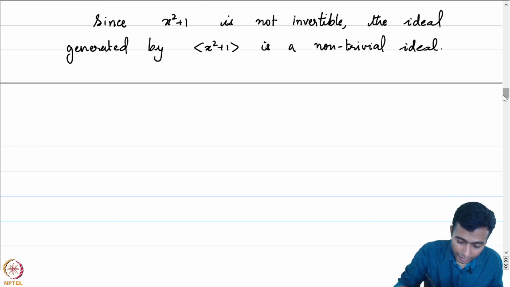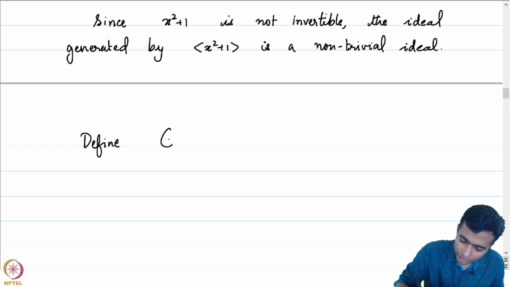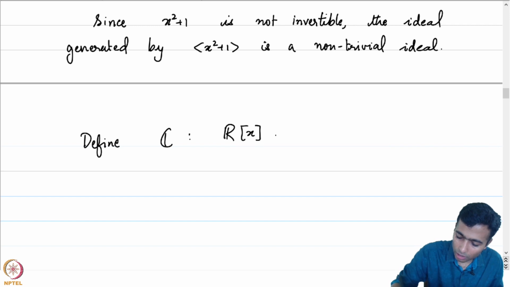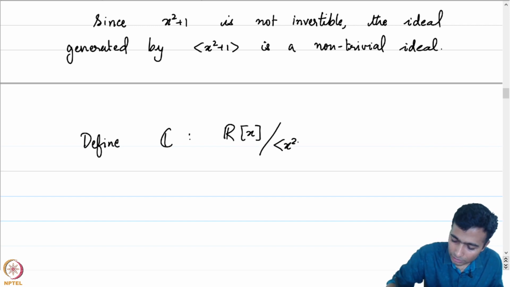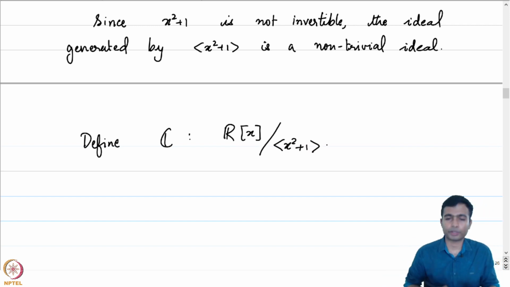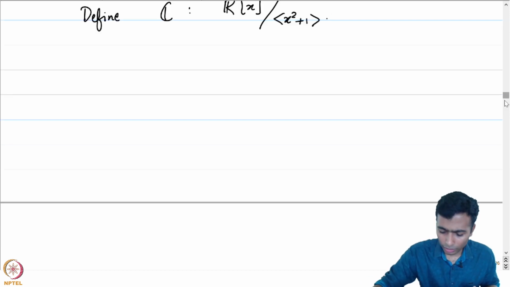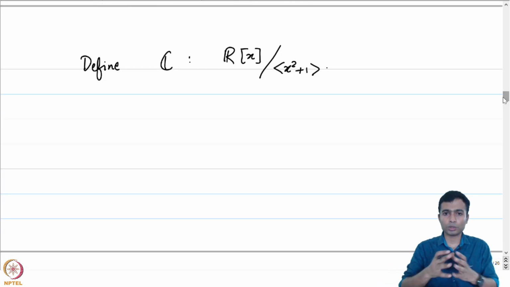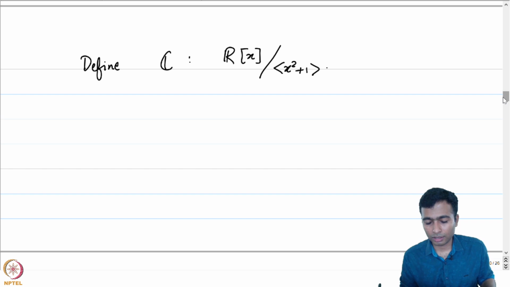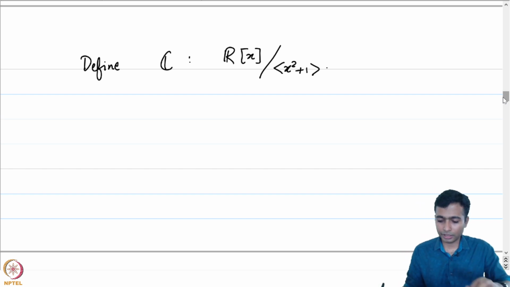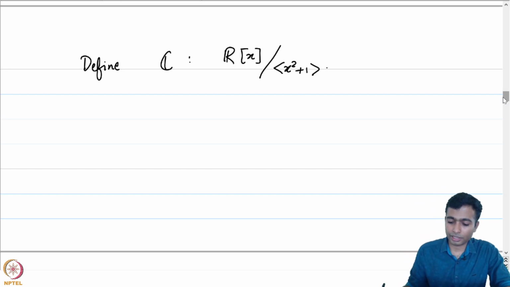So let's define C to be the quotient of R of x by this ideal generated by x square plus 1. What are the objects here? The objects here will be cosets of the ideal x square plus 1. And what will be the operations, the addition and multiplication, we will have here?